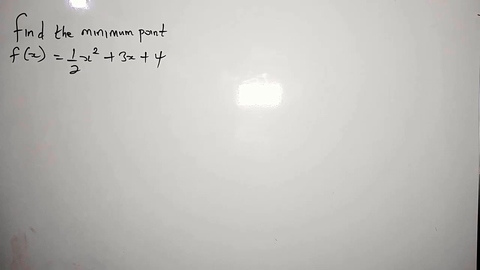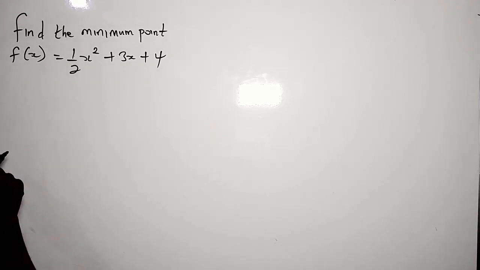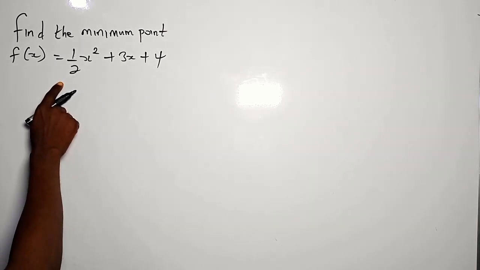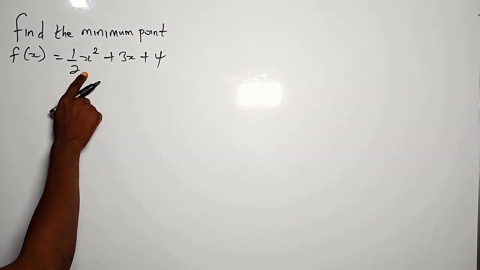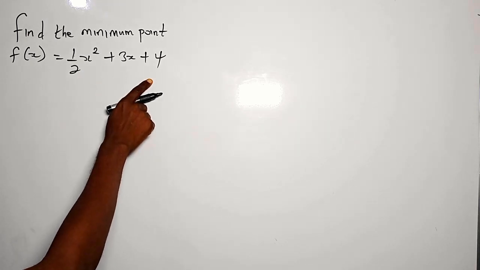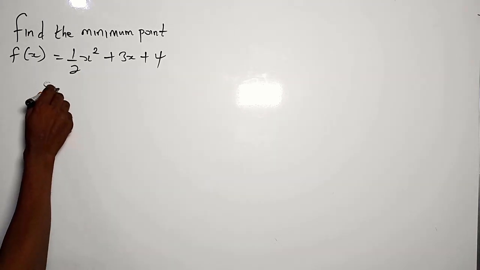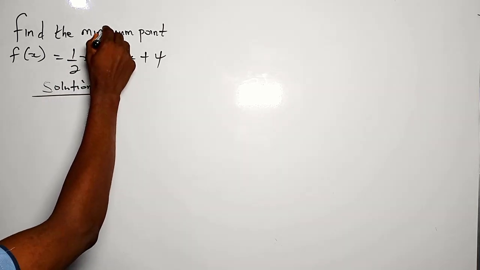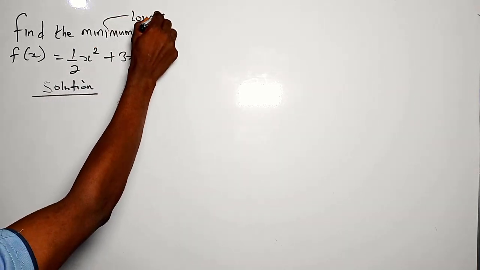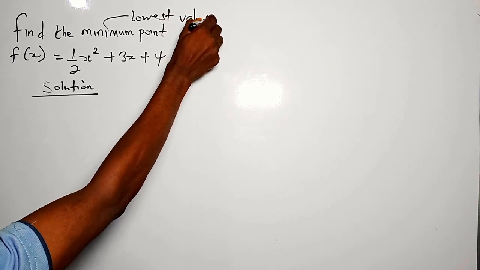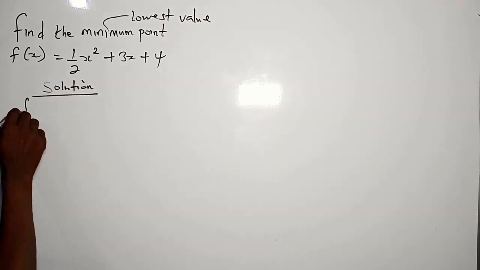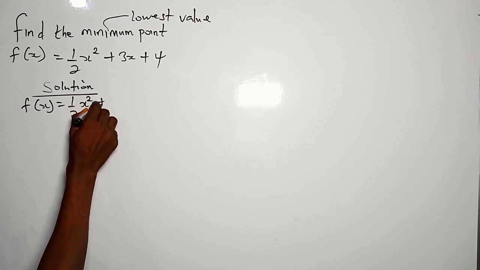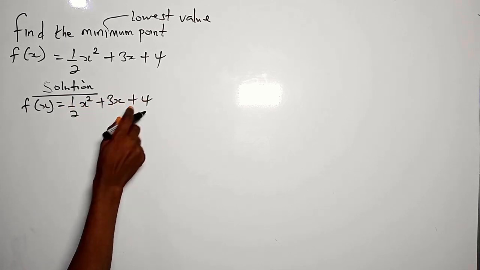The question says find the minimum point of this quadratic function. We have f of x equals 1 over 2 x squared plus 3x plus 4. Solution. The minimum point is the lowest value. So here we have f of x equals 1 over 2 x squared plus 3x plus 4.